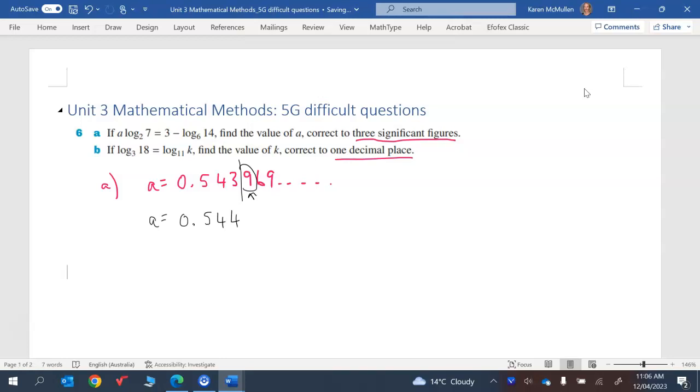So if you think about, you know, if you're measuring your height, I'm 179 centimeters or 1.79 meters, and that's closer to 180 centimeters than to 170 centimeters. So just think about your rounding. Were we rounding up or were we rounding down? So that's 3 significant figures, also the same as 3 decimal places in this scenario.